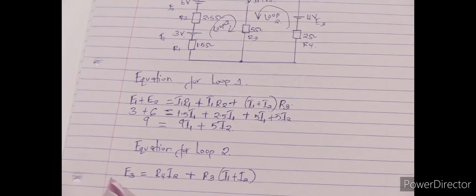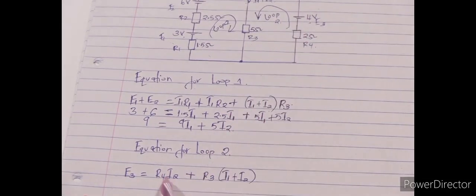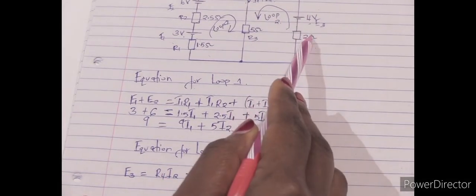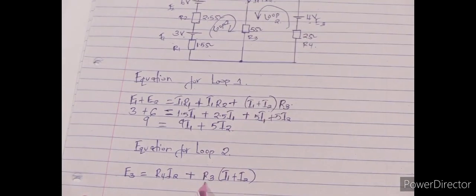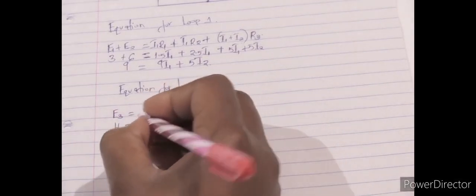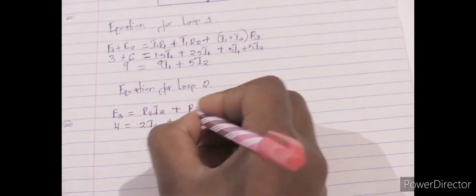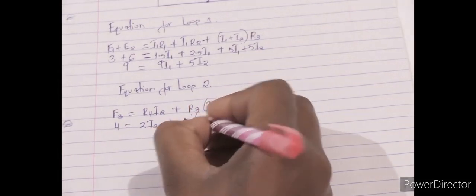We substitute in: E3 is 4, R4 is 2, and R3 is 5. So 4 is equal to 2 I2 plus 5 into I1 plus I2.